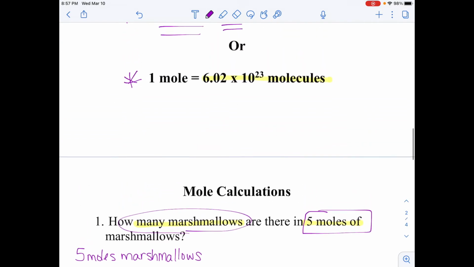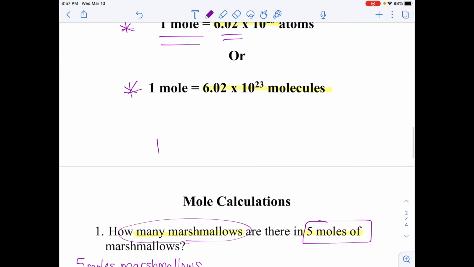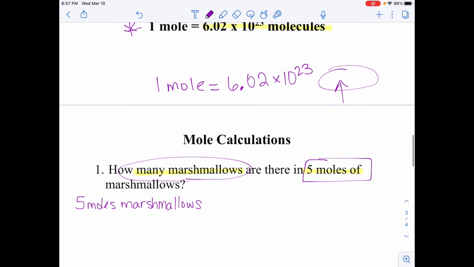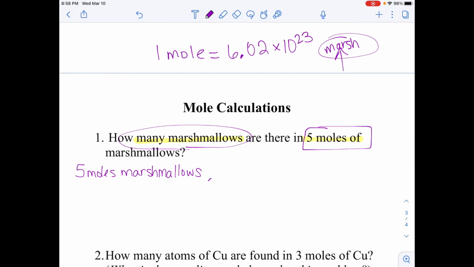Okay, so if you think of this equality up here, we know that 1 mole is equal to 6.02 times 10 to the 23rd of anything. Donuts, marshmallows, erasers, rice grains, hockey pucks, anything. Okay, so if this is the equality we want to use, 1 mole equals 6.02 times 10 to the 23rd, in this case, marshmallows, we have to figure out how we want to set up that equality.